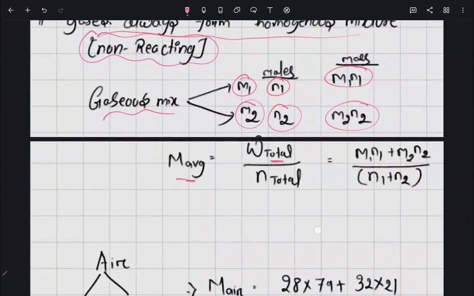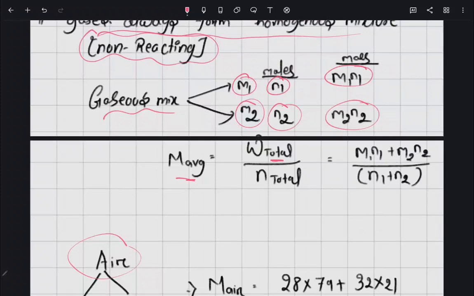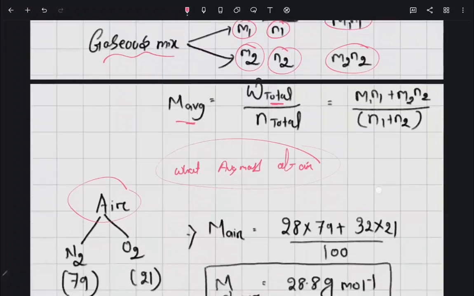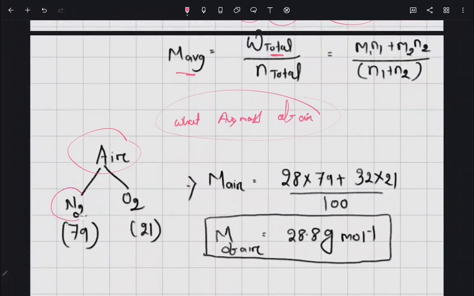So children, let us understand. We will find out a variety of things. What is the average molecular mass of air? Air is a combination of two things, children, N2 and O2. I hope you all know the majority of the quantity is nitrogen and oxygen. N2 is a molecule, O2 is also a molecule. It is 79% and 21%.